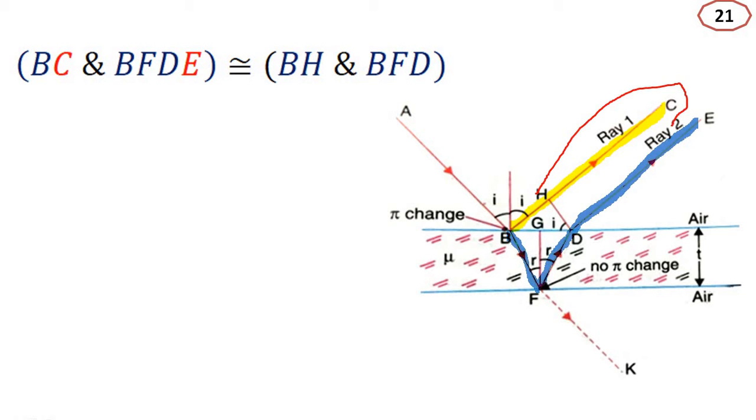As HC equal to DE, when we are considering path difference, we can neglect that part. So instead of the path BC and BFDE, we can consider path BH and BFD.